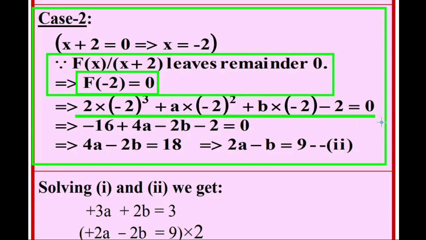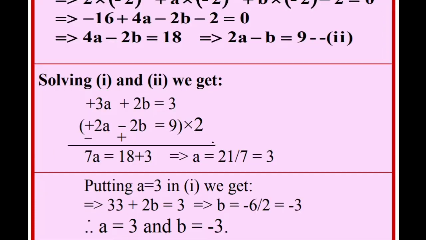So this whole expression is equated with 0. The left hand side is the remainder using the remainder theorem, and the right hand side is 0 because the remainder is 0. Now we simplify this and we get another equation in terms of a and b, and the remaining steps you understand very well.